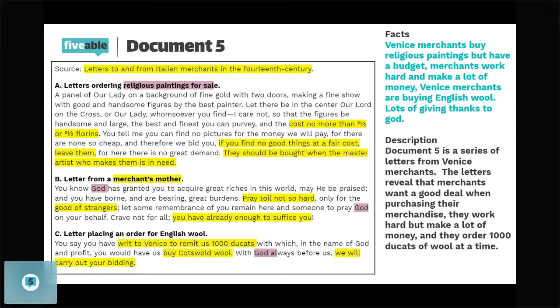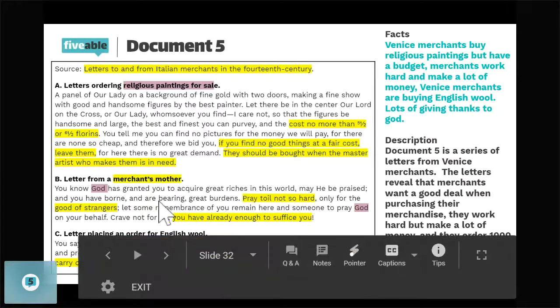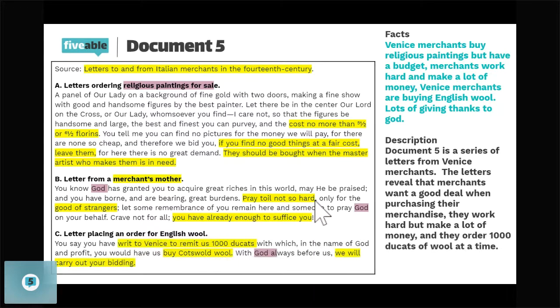Letter from a merchant's mother. "God has granted you to acquire great riches in this world. May he be praised. And you have borne and are bearing great burdens." Wait, so you acquired great riches and now you're bearing great burdens. "Pray toil not so hard." Toil means to work. So, okay, son, you're rich, you're working too hard, only for the good of strangers, right?